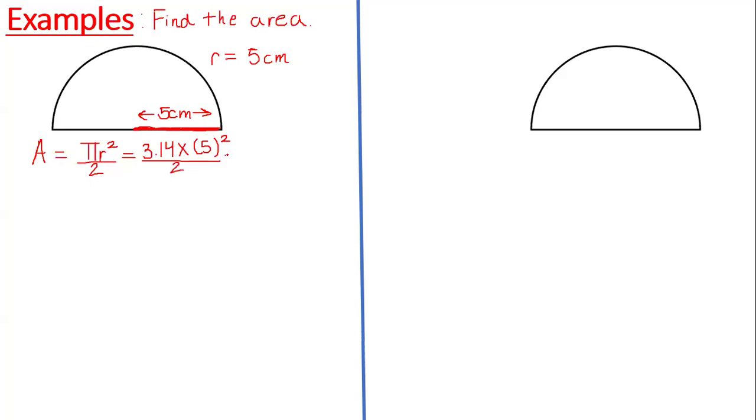And we know that 5 squared is 5 times 5. So 3.14 multiplied by 25, all over 2.